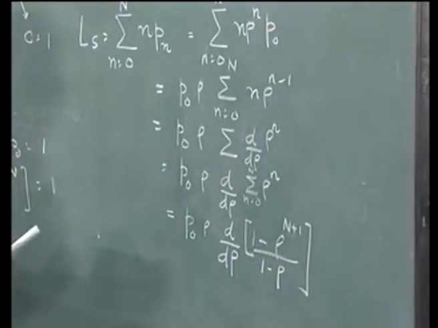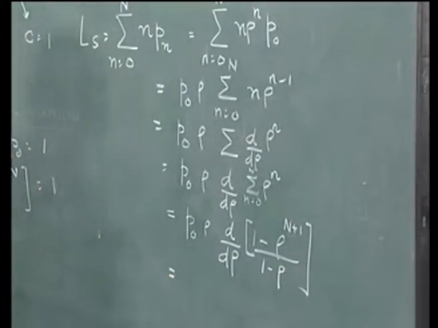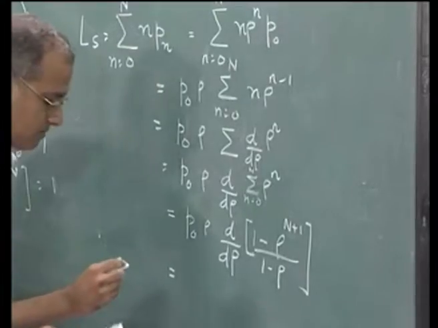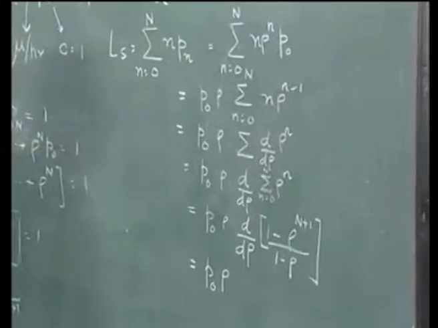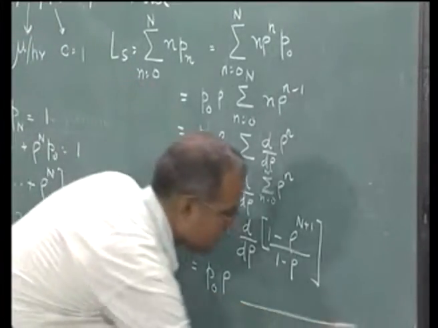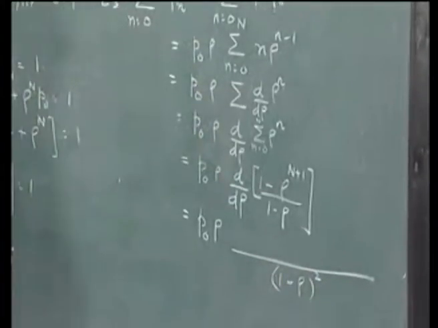Now this has to be differentiated to get P naught rho into this over 1 minus rho the whole square.